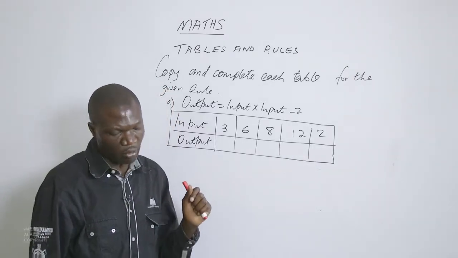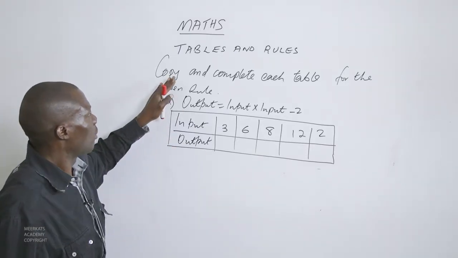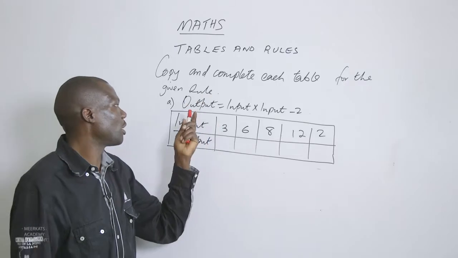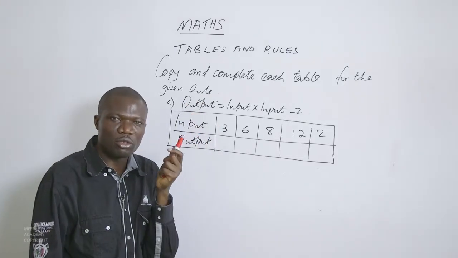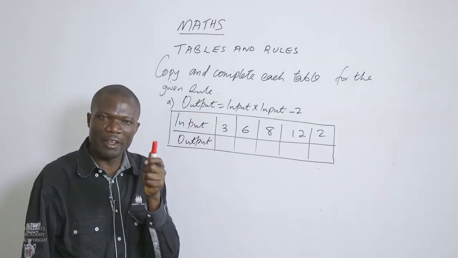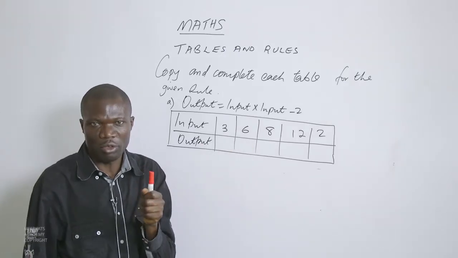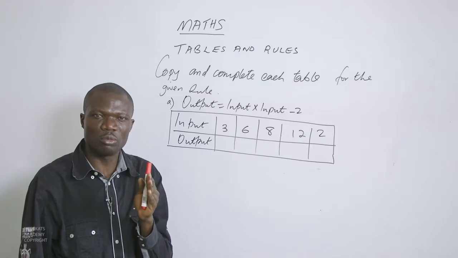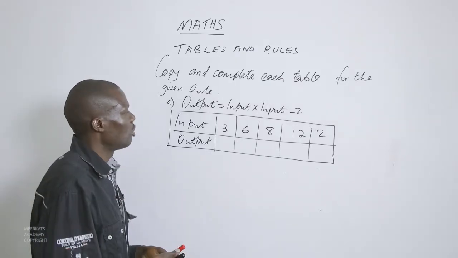Now, on this table, we are to complete the table for the given rule, and the rule is output is equal to input multiplied by input and then minus 2. Output equals input times input minus 2.